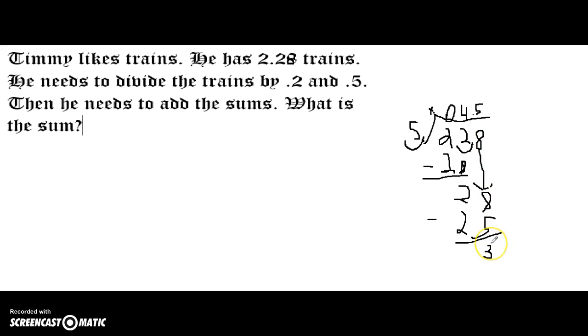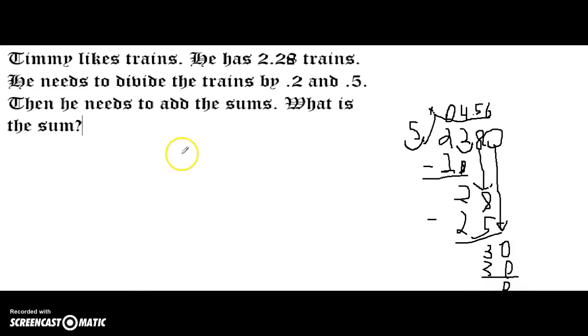But you can't leave with just a remainder of 3, so you put a 0 right here, and you bring down that 0. And then 5 goes into 30 6 times, and 6 times 5 is 30. 30 minus 30 is 0.